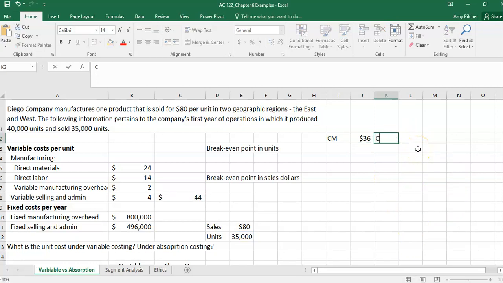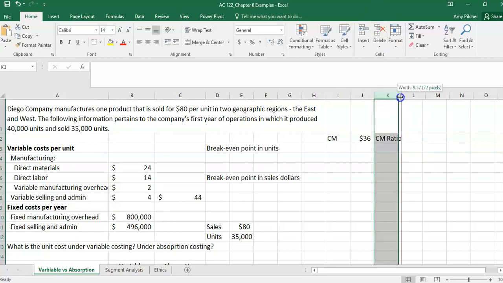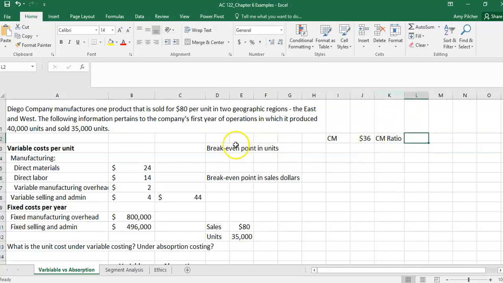Our contribution margin ratio, which we'll need for the break-even point in sales dollars, this stuff is carryover from Chapter 5, is the contribution margin divided by the sales price, expressed as a percentage.